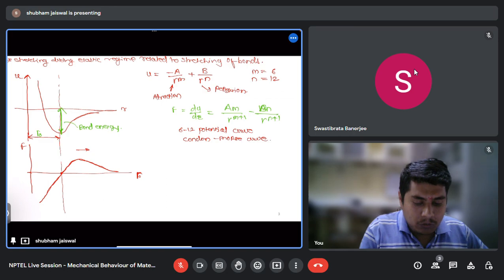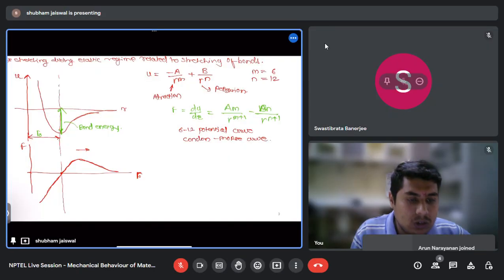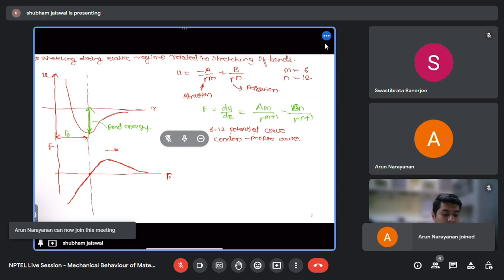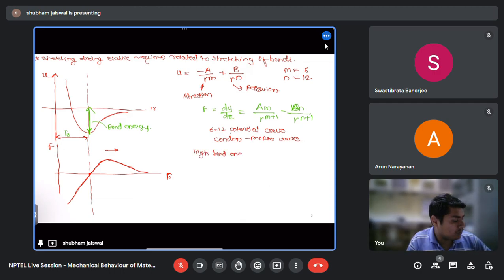So we have seen how this bond energy is related to the material. What we have studied is that if the bond energy is high, meaning the depth of the bond energy curve is maximum, we will get a high modulus. Why is it so?